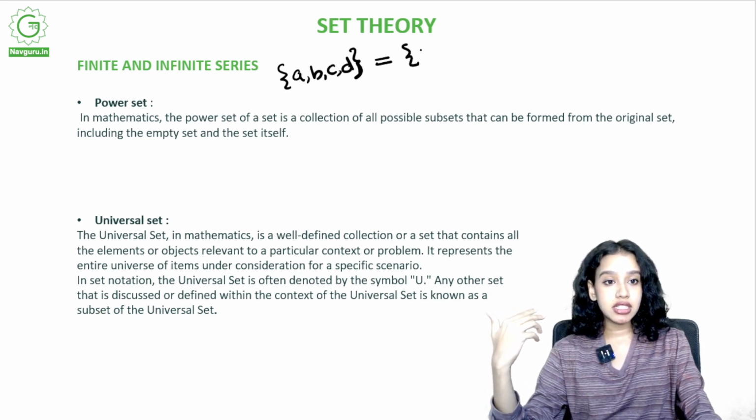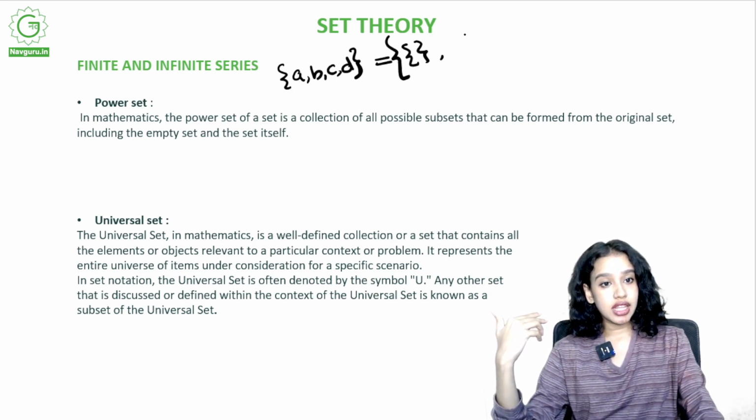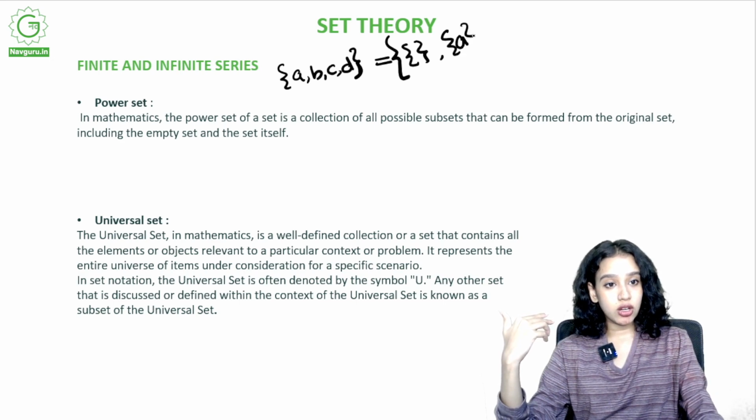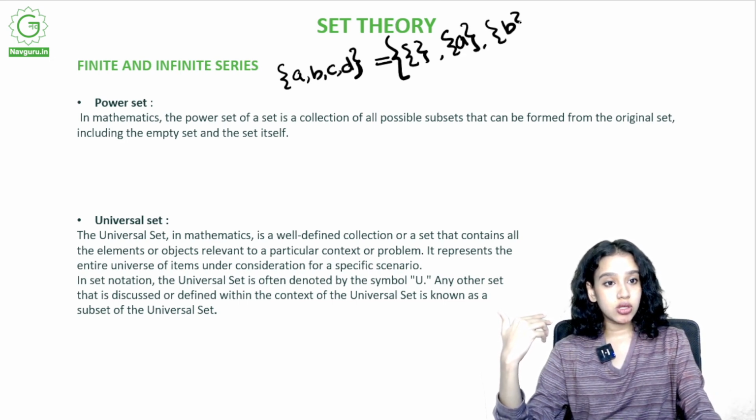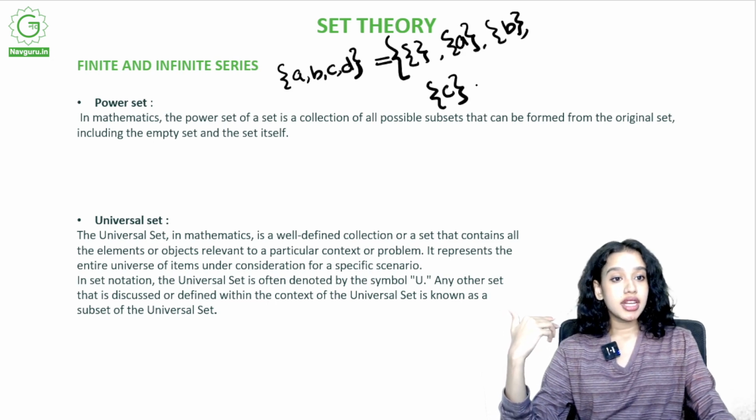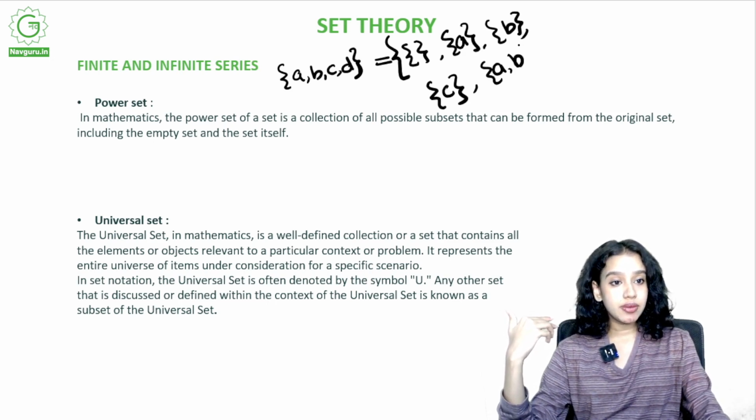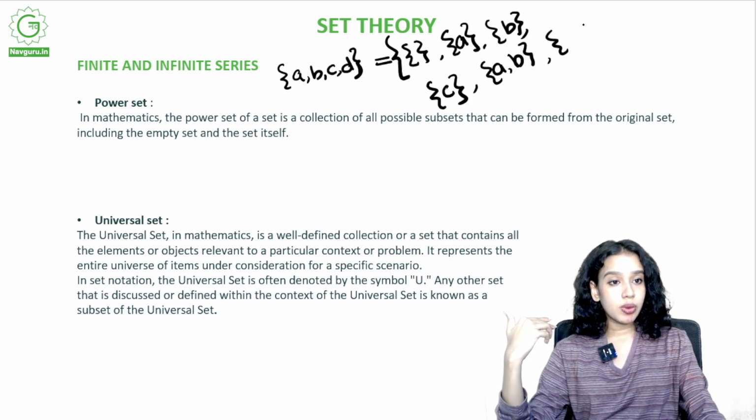We could have a null set, right? Then we might have a set A alone, B alone, C alone, the singleton sets. Now we have A and B, right? Now we have A and C, right? Then we have B and C, right?